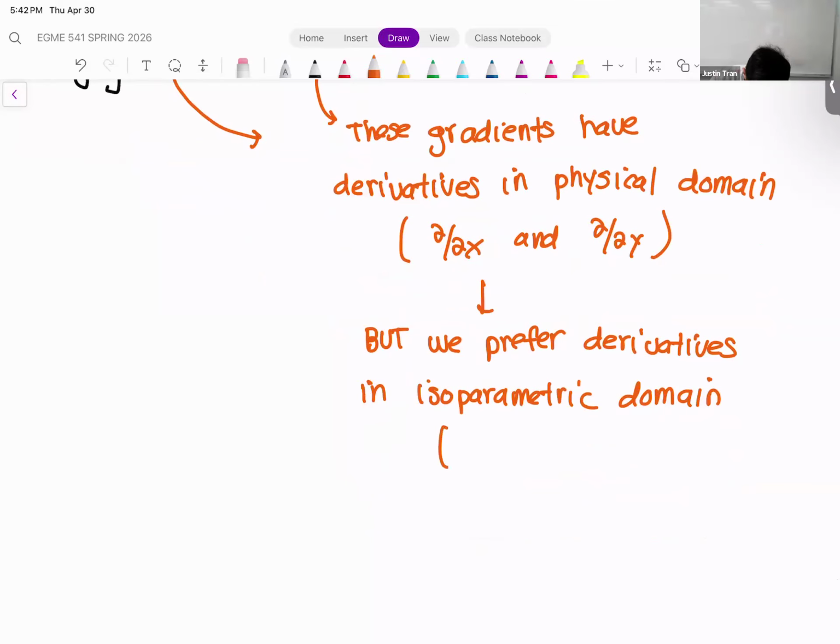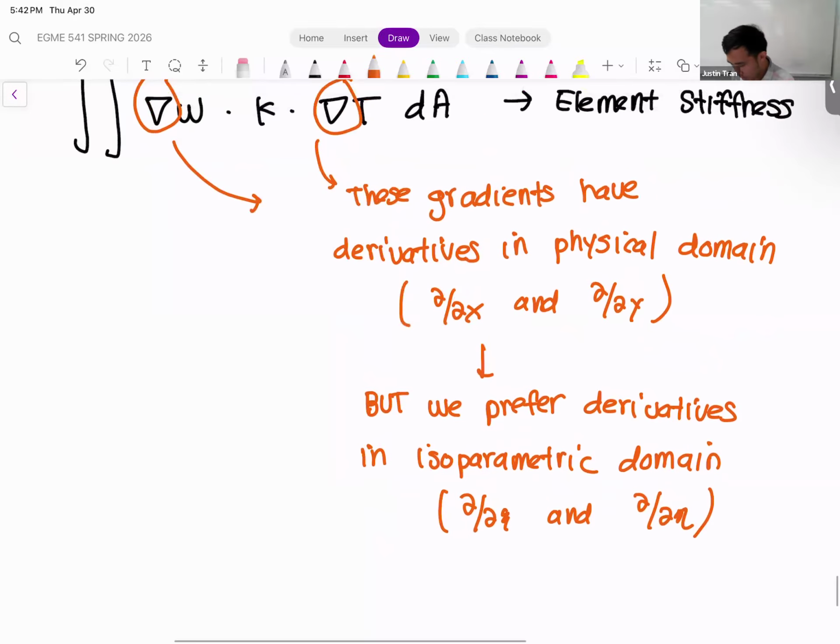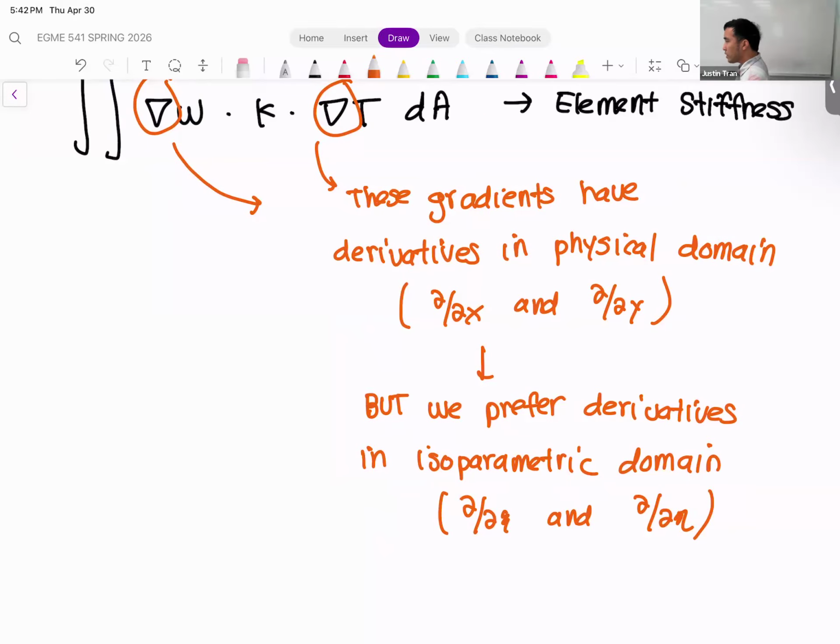So we were in the process of converting those gradient terms into the derivatives that we want.